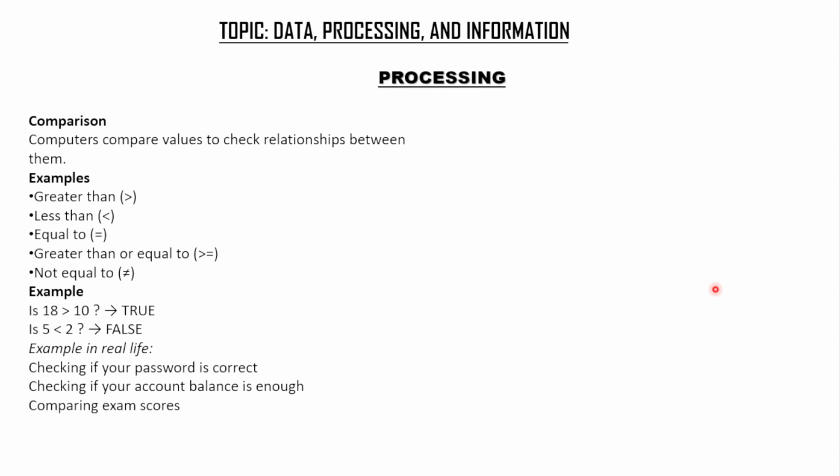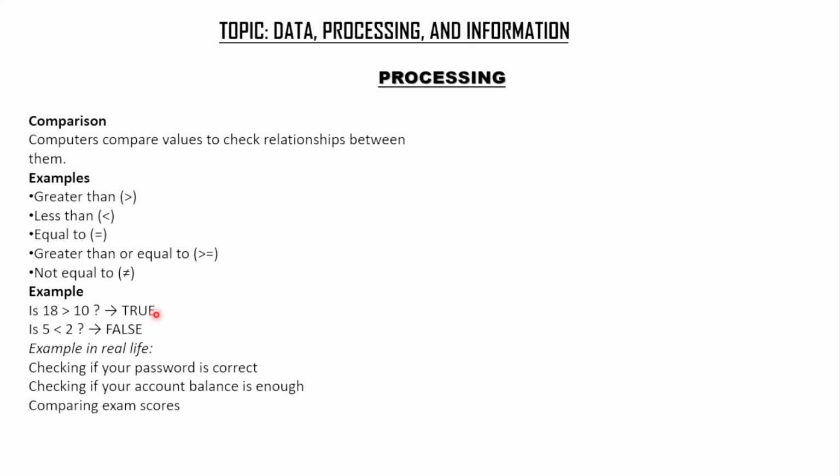So the second type is comparison. This is where computers compare values. For example, is this number greater than another? Are these two passwords the same? Is your balance enough to complete a payment? Computers constantly compare data before making decisions. They compare values to check relationships between them. The comparisons it makes are: greater than, less than, equal to, greater than or equal to, not equal to.